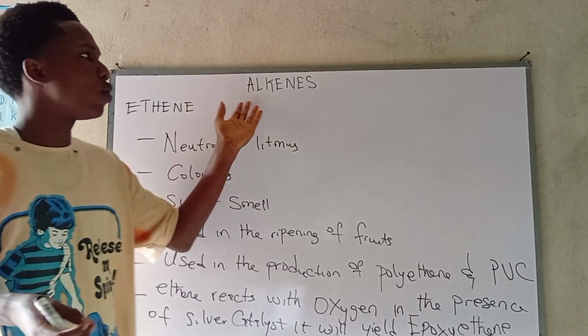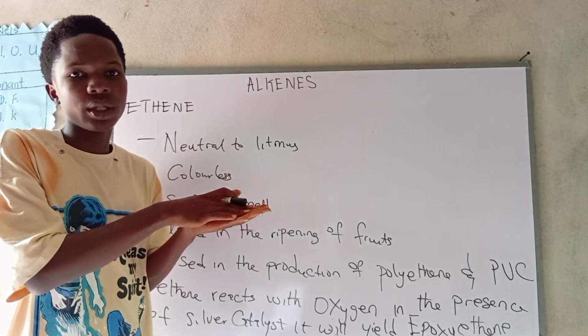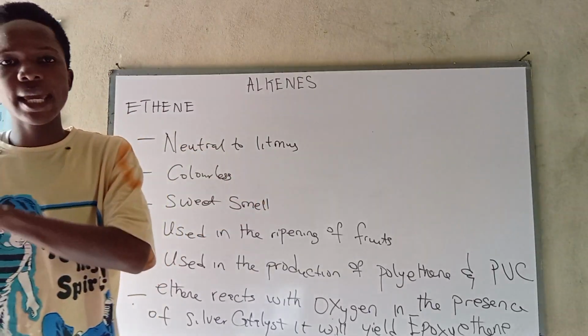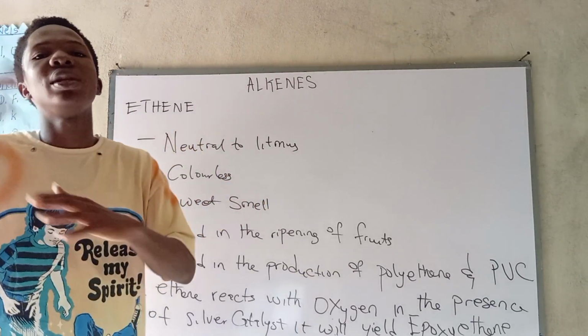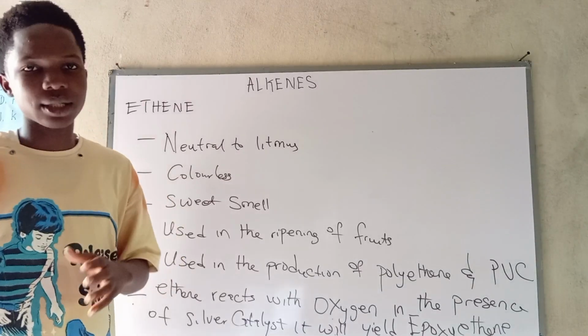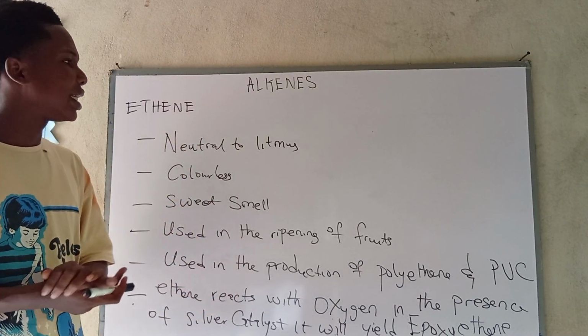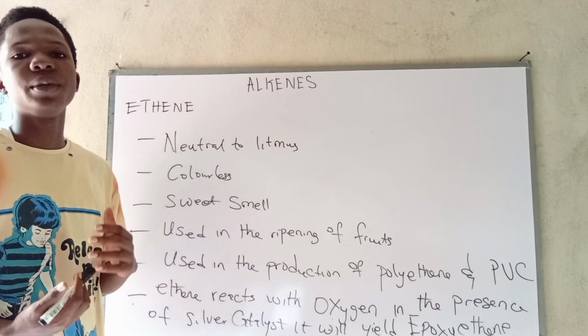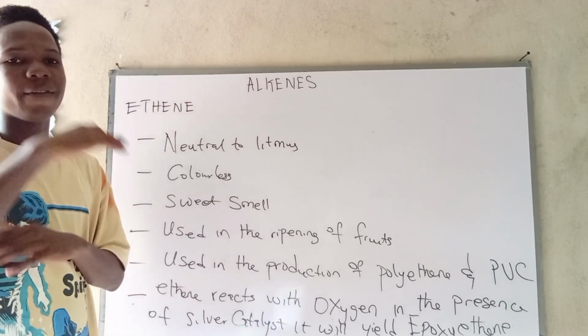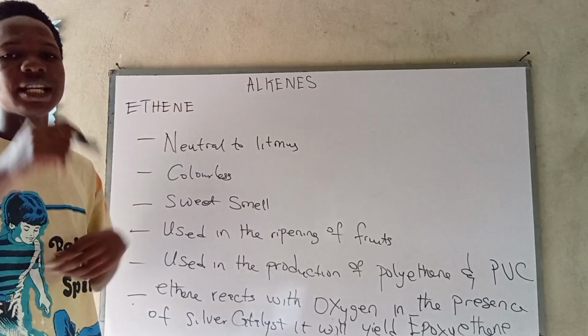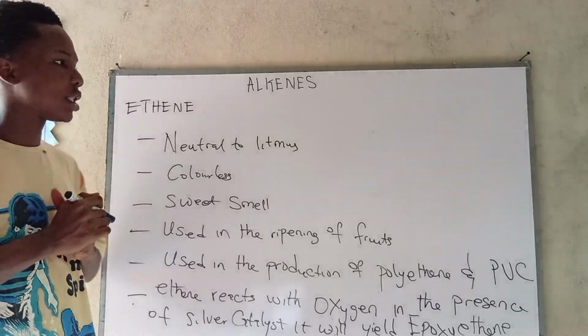When alkenes undergo polymerization, they become plastics. We'll get to that. Okay, this is the end of this video. We're going to be looking further and advanced into alkenes in the next video I'm going to drop. Make sure you watch that video.